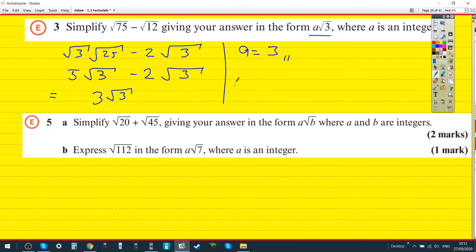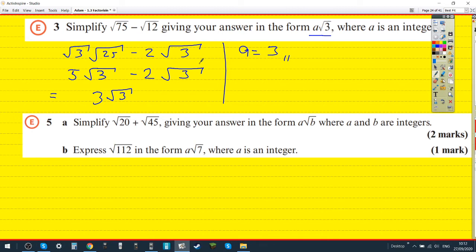So here they're saying just get the answer. These days they will say prove that root 75 minus root 12 is a number in the form a root 3, where a is an integer. So it's just to stop you doing it entirely in your calculator.